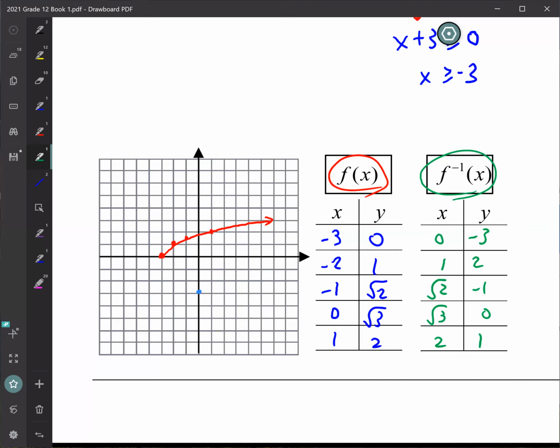Okay, 0, -3, right? Good. Oh, 1, -2, I made a mistake here, right? I missed a negative sign. Yeah, 1, -2, good.